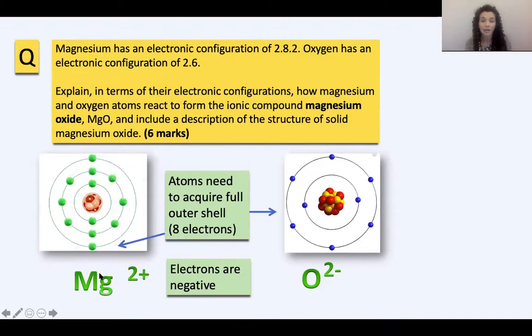In terms of the ions, the magnesium ion left after they've bonded will have a 2+ charge, because the atom will have lost 2 electrons. Remember, electrons are negative, so if you lose 2 electrons, the magnesium will have a positive charge, so that will be 2+. The oxygen will gain 2 electrons so that it can have a full outer shell. Because it's gaining 2 electrons, and electrons are negative, the oxygen ion will have a 2- charge.